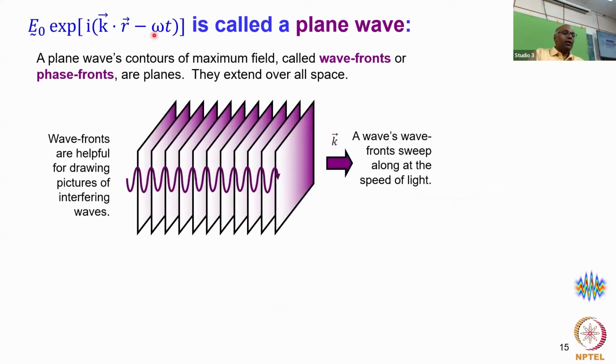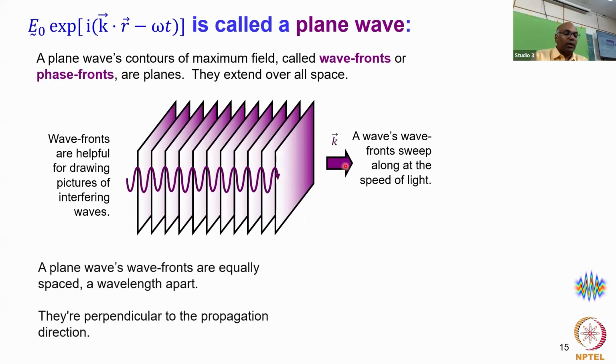So what is this concept of a plane wave? We understood that quite a bit in the previous lecture. If I now figure out a contour of the field maxima as the wave propagates, as is shown here, with the k vector pointing in the horizontal direction towards the right of your screen, which we presume is the direction of increasing z, the positive z direction.